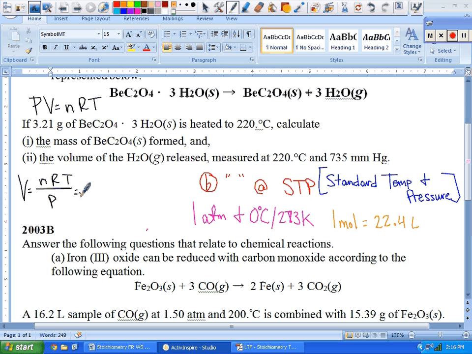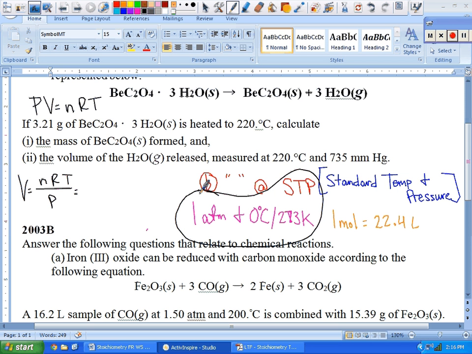According to the purple and the orange, what would the n value be in this formula? 1 mole. R is always going to be 0.0821, right? What would T be? 273 K. And what would your pressure be? 1. So you'd agree the only two values are 0.0821 and 273.